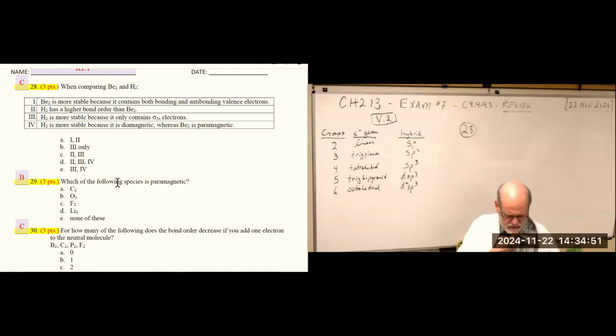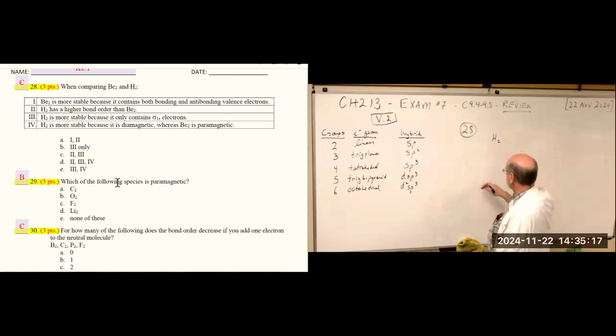Be2 is more stable, H2 has a higher bond order, more stable, diamagnetic, paramagnetic. Okay, those are all molecular orbital questions or answers, 1 through 4. All right, so let's do the molecular orbitals for Be2 and H2.